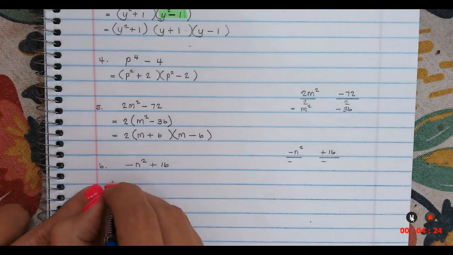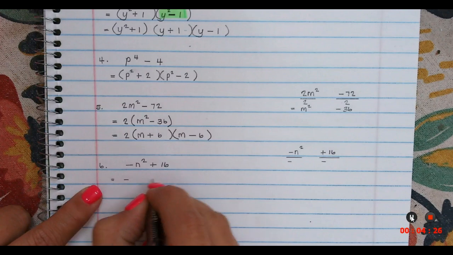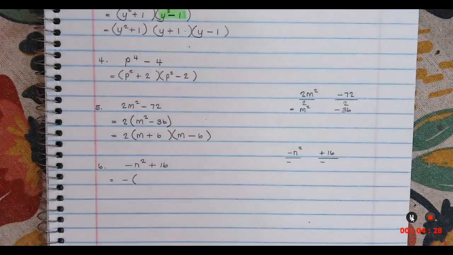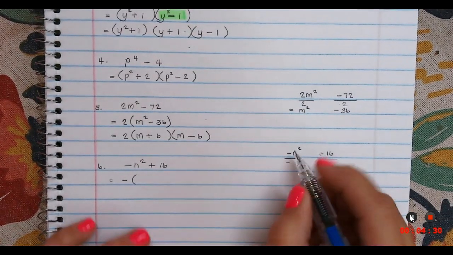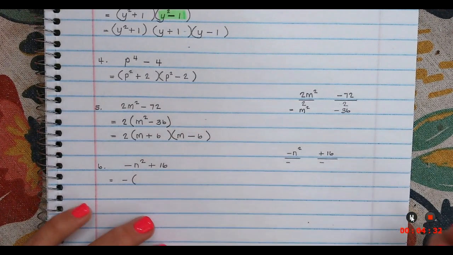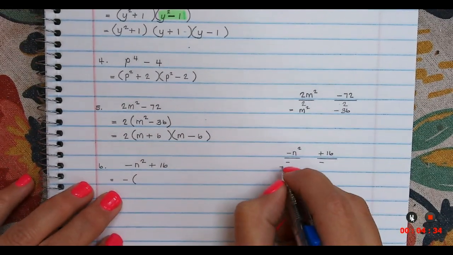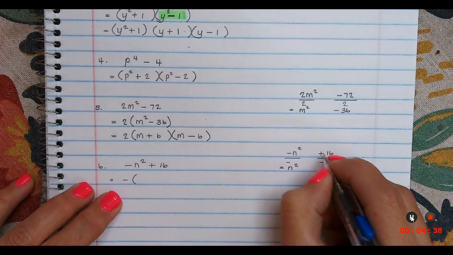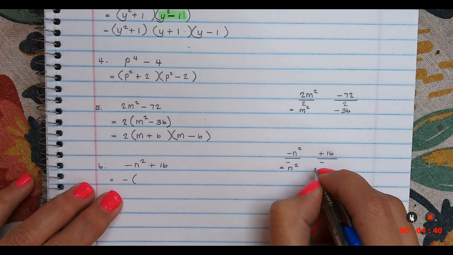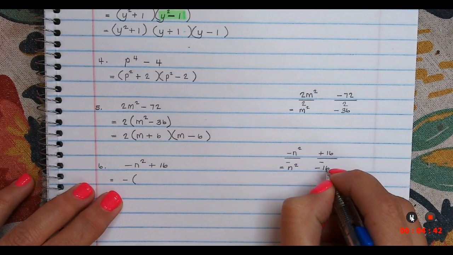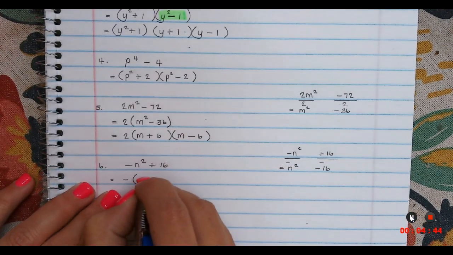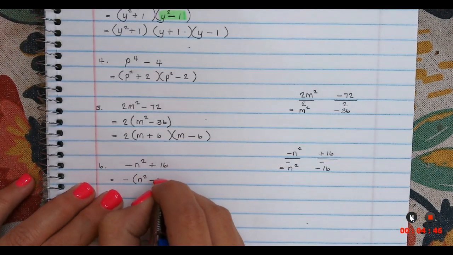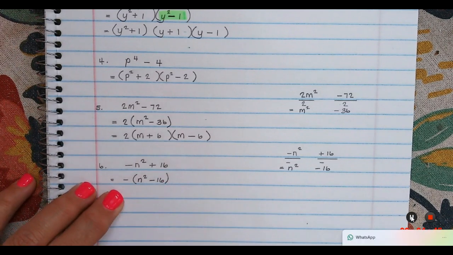So the negative, because it's at the bottom, is going in front of the bracket. Now, negative divided by negative equals a positive n squared. Positive divided by negative equals negative 16. N squared minus 16. So that was my first tick box, to take out the common factor.